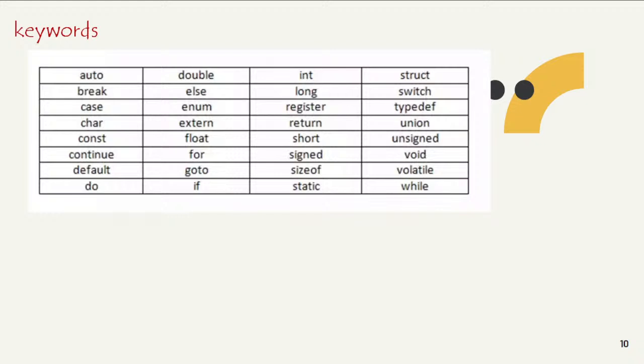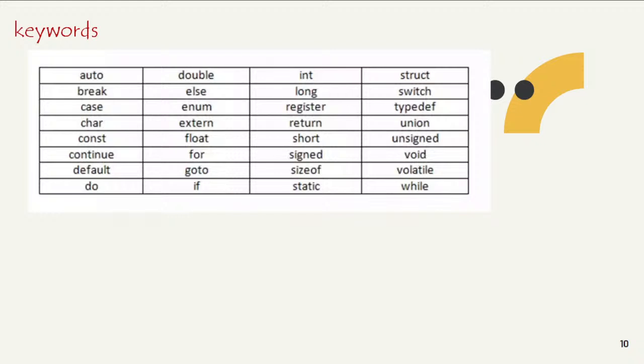In C programming language, we have a total of 32 keywords, listed in alphabetical order: auto, break, case, char, const, continue, default, do, double, else, enum, extern, float, for, goto, if, int, long, register, return, short, signed, sizeof, static, struct, switch, typedef, union, unsigned, void, volatile, and while.